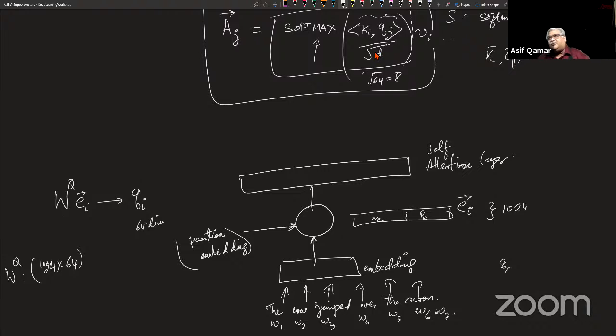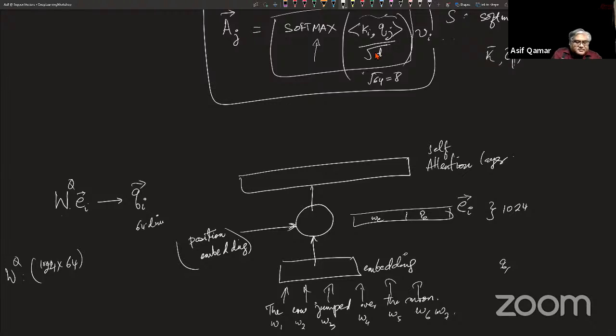And now the whole question is, no, wait a minute, what are the values of the matrix? And here the answer in deep learning always is, we don't know, we'll learn it, right? So just create a matrix of the right size and multiply it so that what comes out is a vector of the right dimensionality, 64 dimensions.